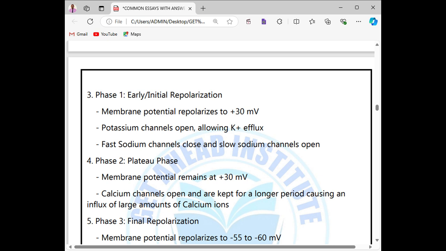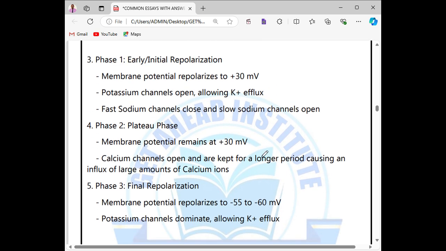Under early repolarization, those fast sodium channels will close, and there will be the opening of the slow sodium channels. Are we together?